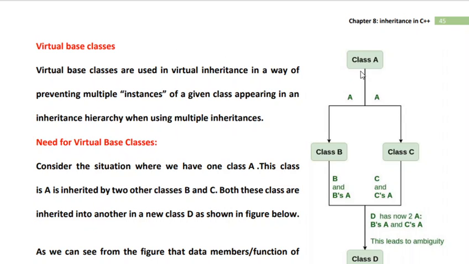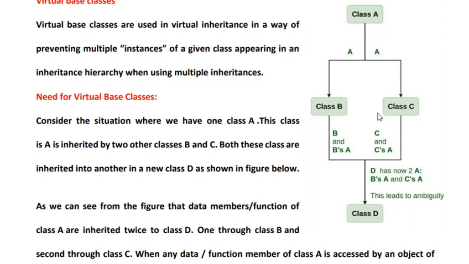If you see a portion of this diagram, where B and C are inherited from A, that is an example of hierarchical inheritance, whereas D being inherited from B and C is an example of multiple inheritance.